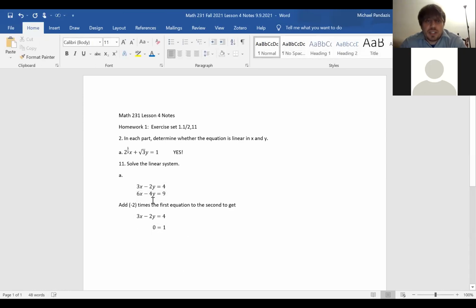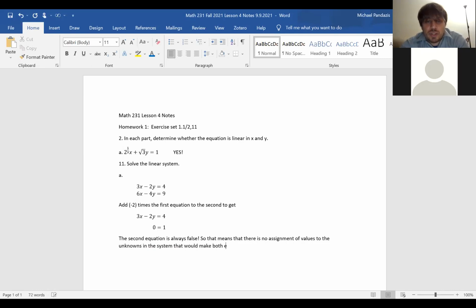Now this system has the same solution set as this one, but the second equation is 0 equals 1. So the second equation is always false. What does that mean? It means there is no assignment of values to the unknowns in the system that would make both equations true, since the second one's always false.